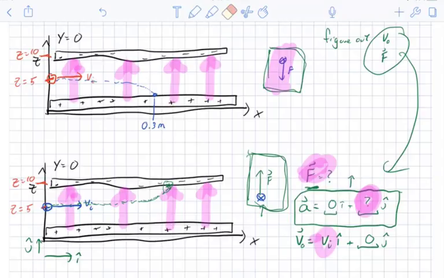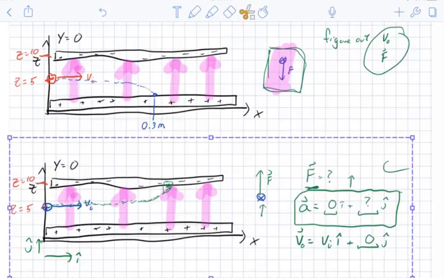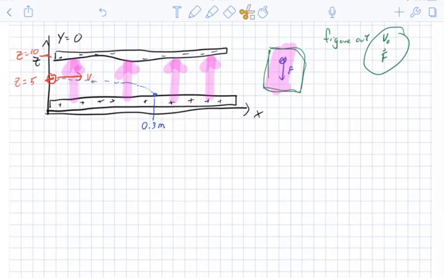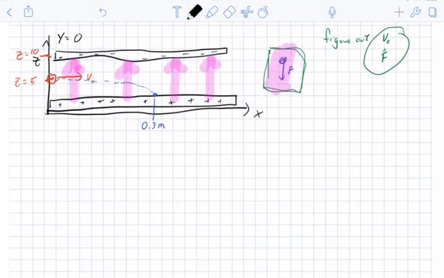Okay, so I'm going to clean things up here, and then I'm going to move my work that I talked about down the page so you can see it later. The information I've been given is enough to figure out what the force is and what the initial velocity is.